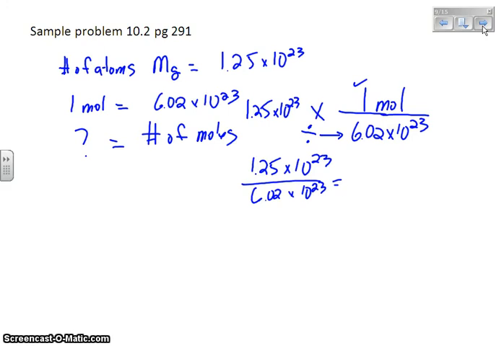And when you divide that out, you get 2.08 times 10 to the negative 1 mole. So that's how many moles we have in 1.25 times 10 to the 23rd particles of magnesium.